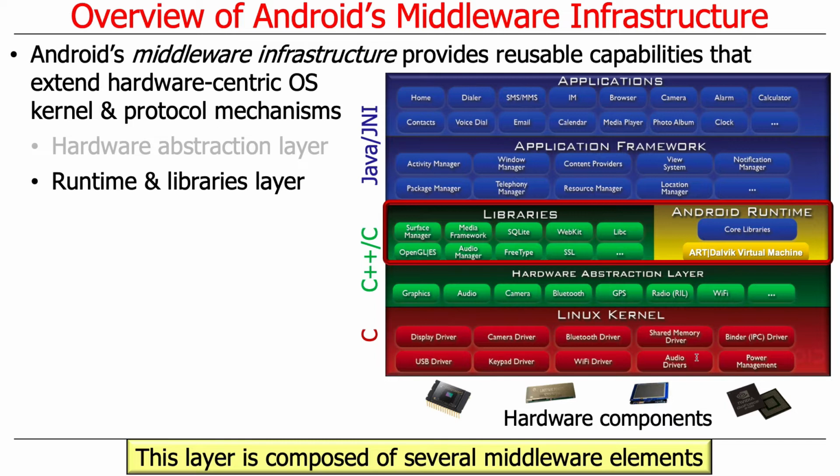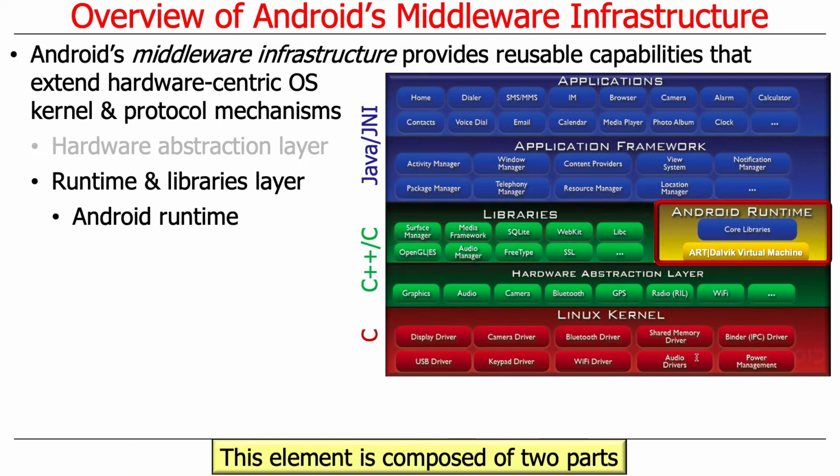There's also something called the Runtime and Libraries layer, which itself is composed of several middleware elements. As you can see, it's got a bunch of stuff in green and a bunch of stuff in yellow and blue. So the Android runtime is one piece of that layer, and that itself is composed of two parts.